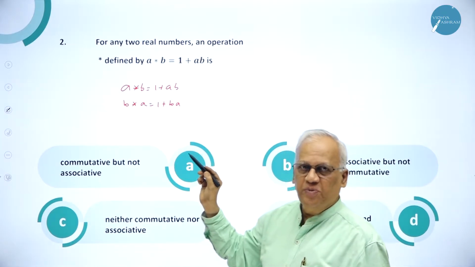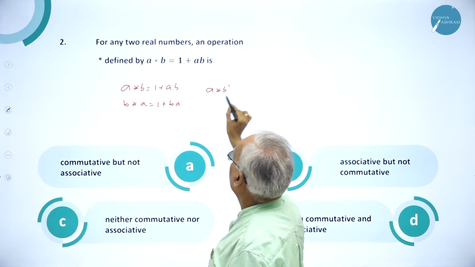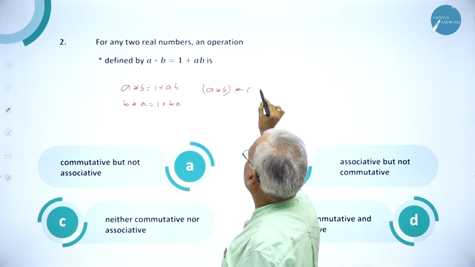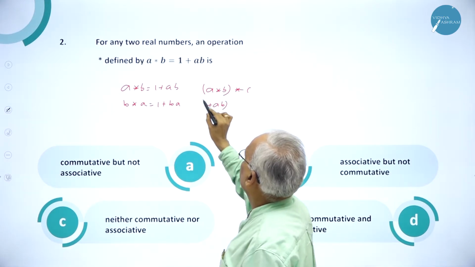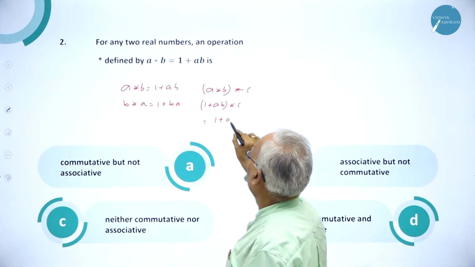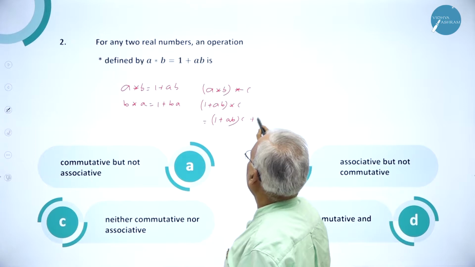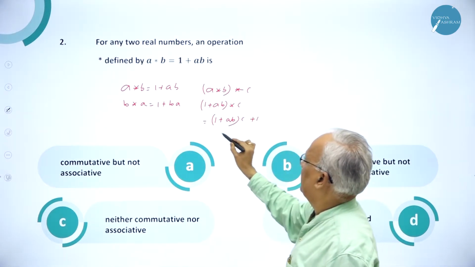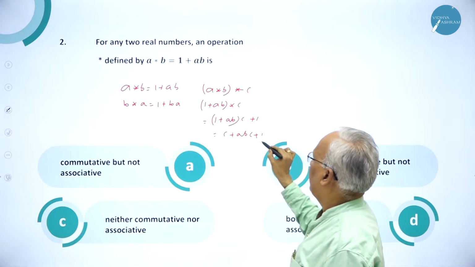But associative property is not satisfied, because (A star B) star C is 1 plus AB star C, which becomes 1 plus (1 plus AB) into C, that is C plus ABC plus 1.